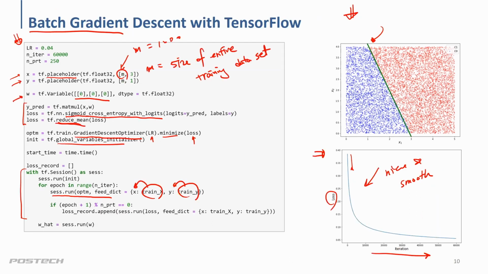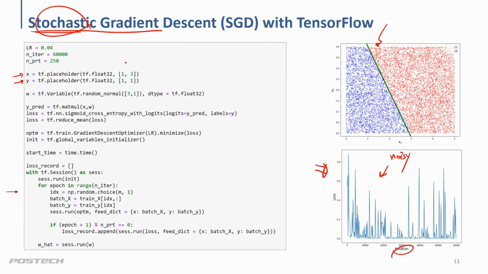As you can see, structure-wise it's pretty much the same. But let's take a look here. For the placeholders, this is one training data point, right?